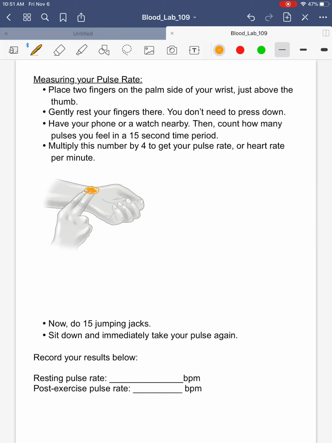That's the pressure that the blood is going through the arteries with, or how many times it goes through the arteries. And this is a good place to feel it simply because that particular artery is very superficial or close to the skin. So I'm going to have you measure your pulse rate at rest and then after exercise.